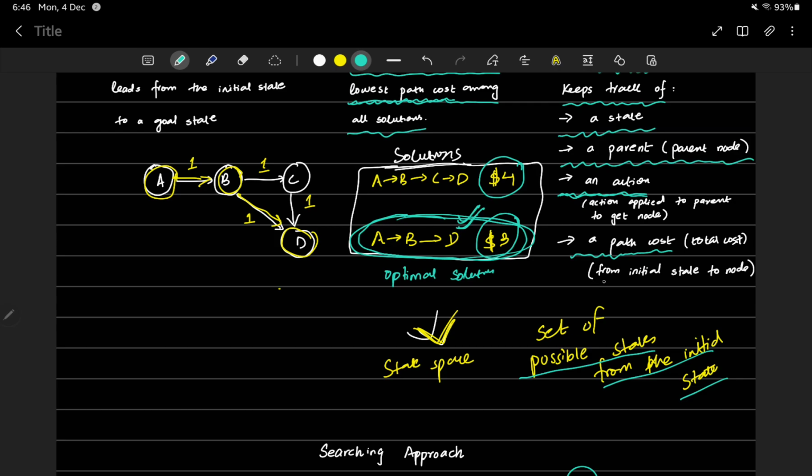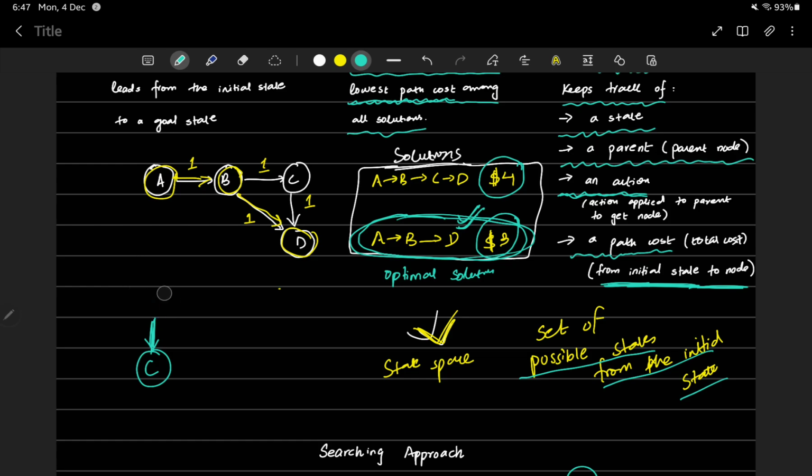Now note that this path cost is the total cost from the initial state to this current node. It is not just the cost of going from the parent to the current node, this is the complete cost from here till here.